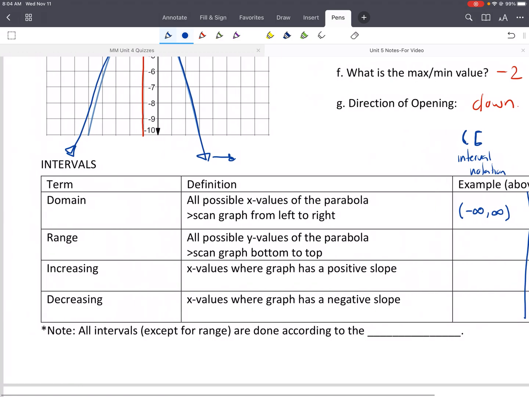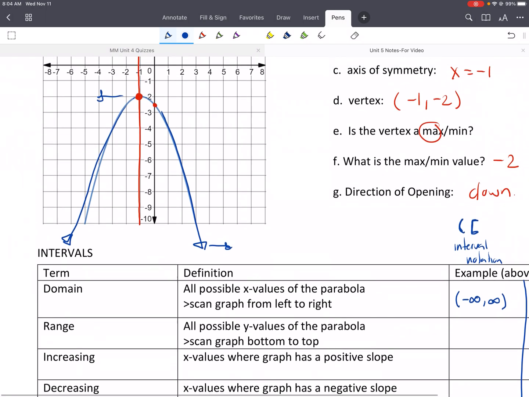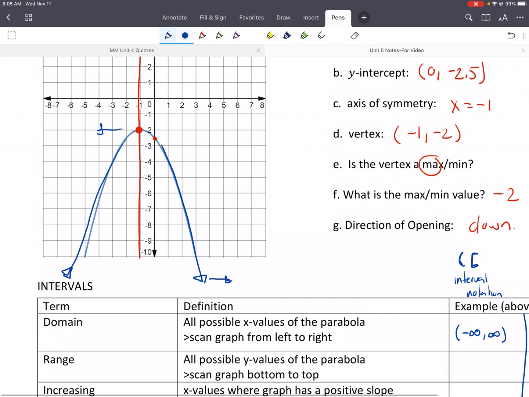Let's talk about range. Range is all y values. So how are we going to look at this? This parabola keeps going down forever. It never stops. But as we go up, it doesn't go any higher than -2.